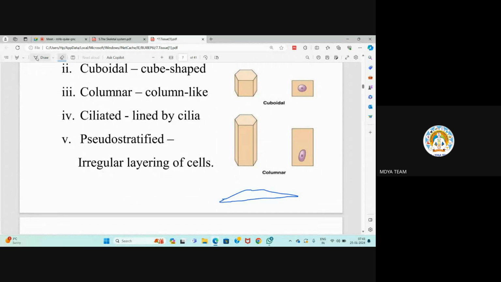Suppose this is a part of body and cilia are just like finger-like projections, like these.